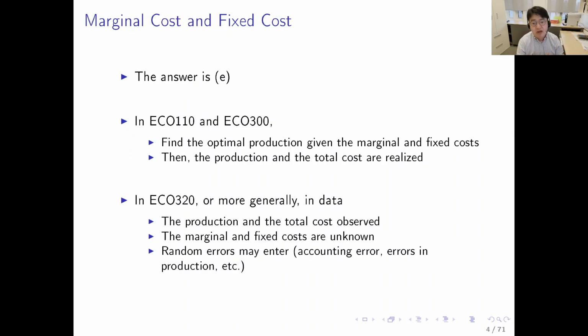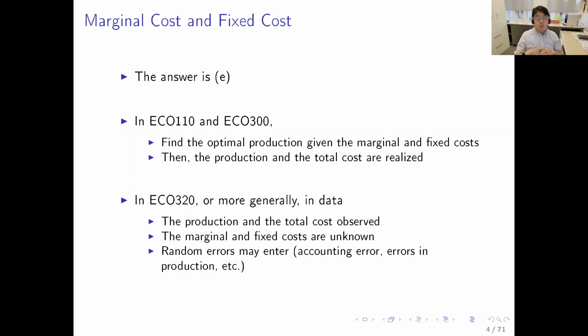So you learned how to find the optimal when you know those parameters, the marginal cost and the fixed cost. It's pretty simple algebra. Based on that, you choose your production, and then your price is determined in the market. That's how the market works.